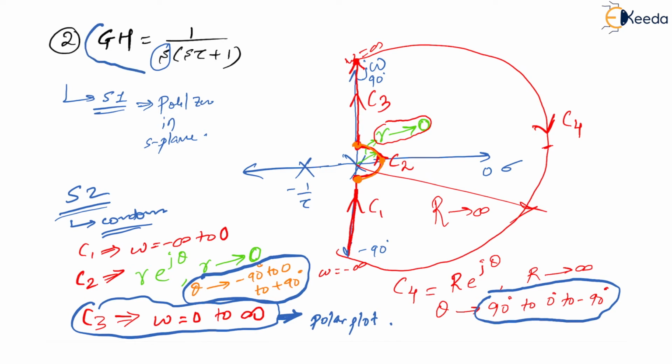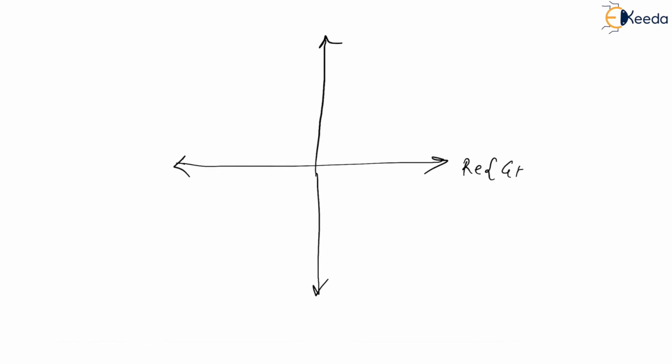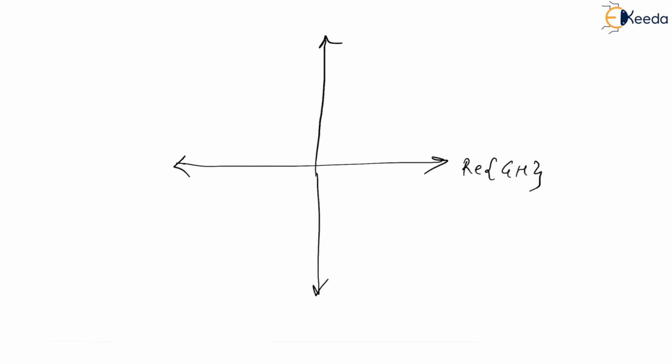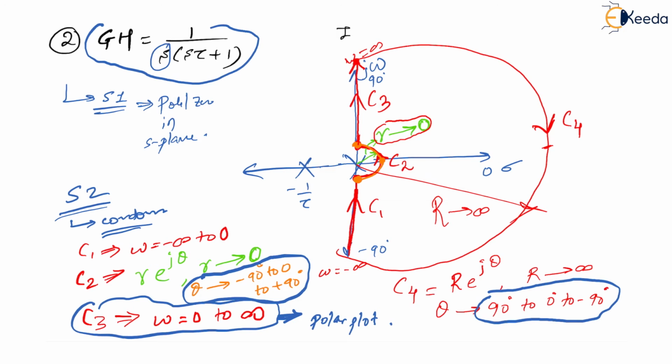If you remember, we have taken GH equal to 1 upon S into S tau plus 1, so I already know the plot for this. This is the real part of GH and this is the imaginary part of GH.